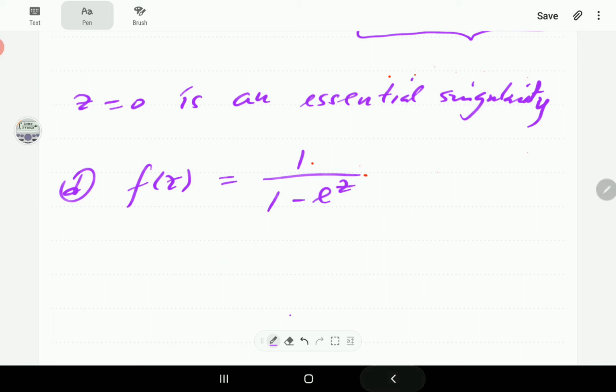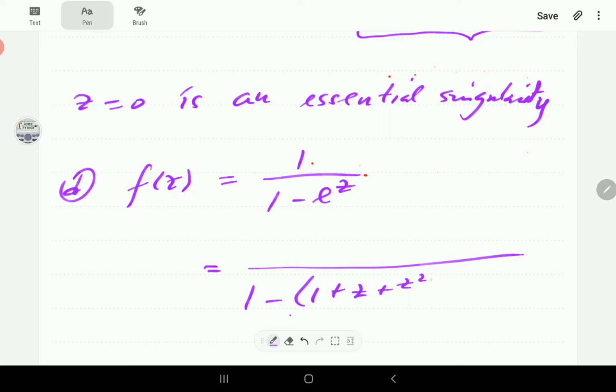What we're going to do here, again, we're going to use the series of e. So in the denominator, we're going to have 1 minus, 1 plus z plus z squared over 2 factorial, z cubed over 3 factorial, etc.